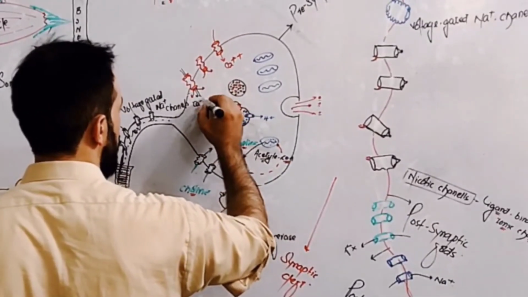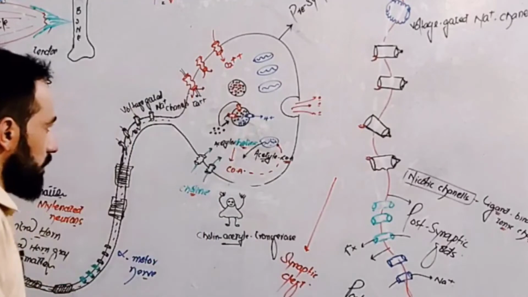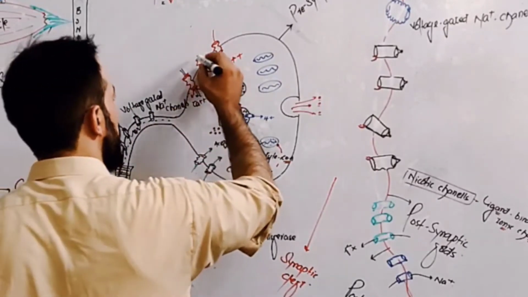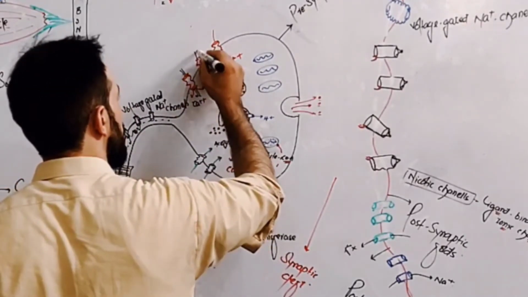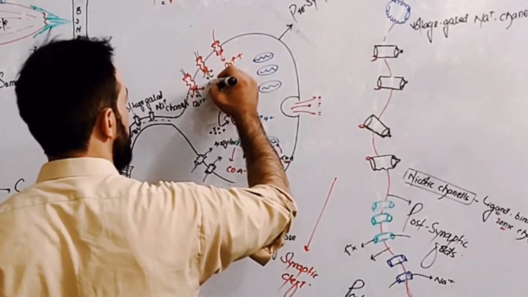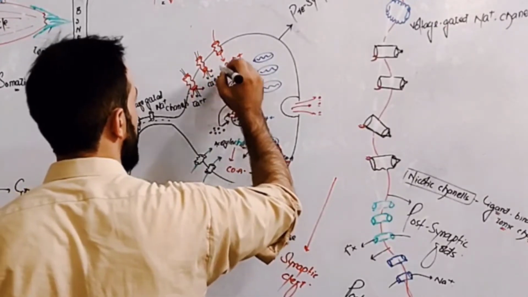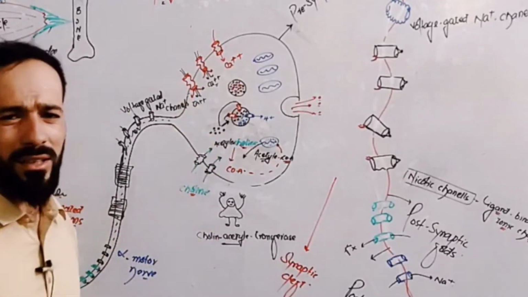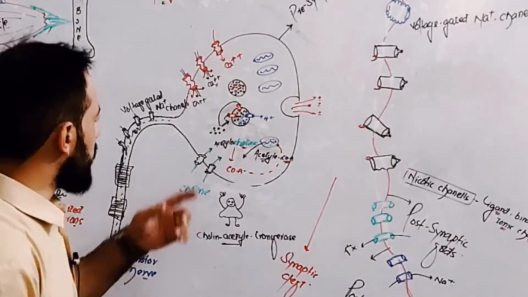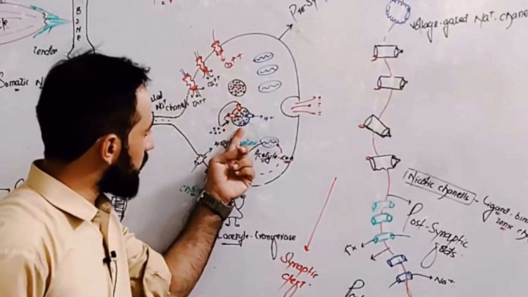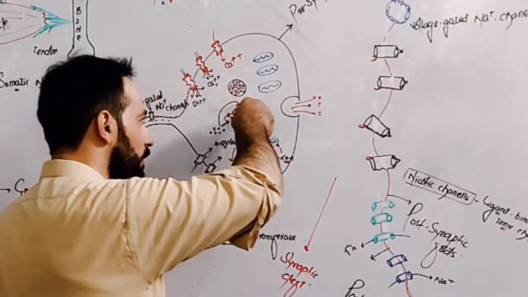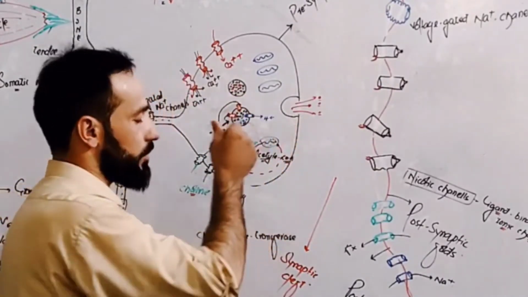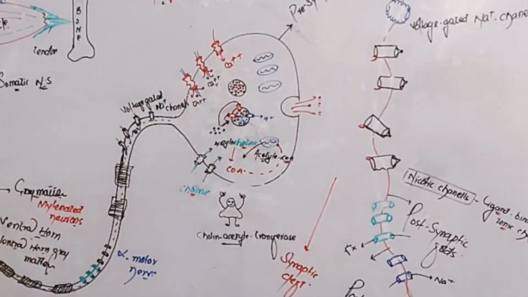Influx of calcium. So inside the nerve ending, what happens? Calcium entry occurs. So lots of calcium is taken in. So when this calcium is taken in, what does this calcium do? This calcium will take the hand of this vesicle and will bring it towards this presynaptic membrane.